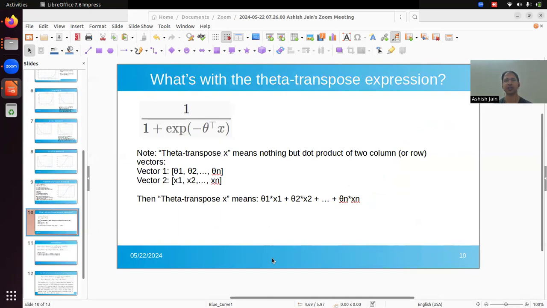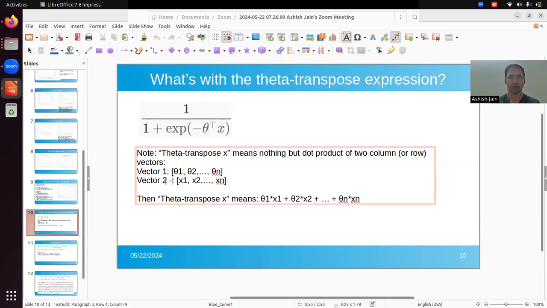Now, what is with the theta transpose expression? The theta transpose x means nothing but dot product of two column or row vectors. Vector 1 is theta 1, theta 2 up till theta n. Vector 2 is x1, x2 up till xn. Vector 2 is x, and vector 1 is theta.